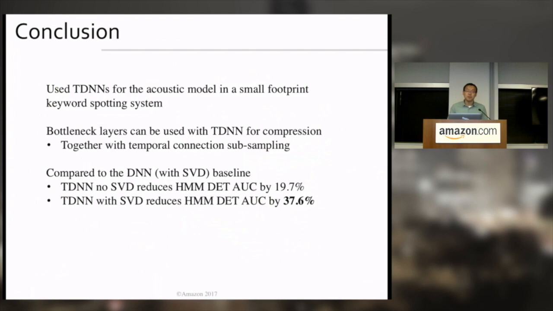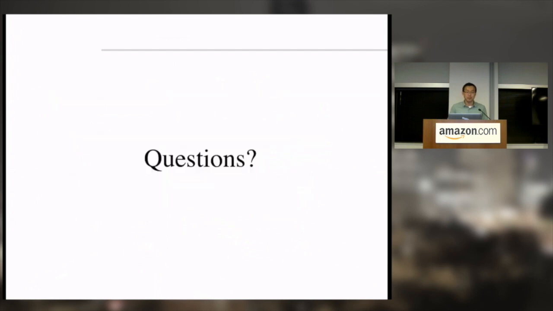And compared to the DNN baseline, this TDN already reduces the HMM AUC by 19.7%. If we further insert the SVD compression, the TDN-based system could reduce the HMM AUC by 37.6%. I would end my talk here. Any questions?